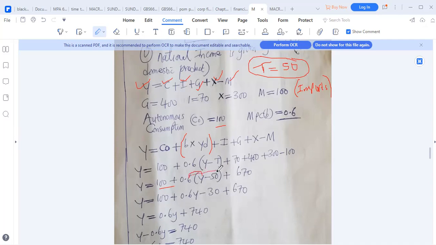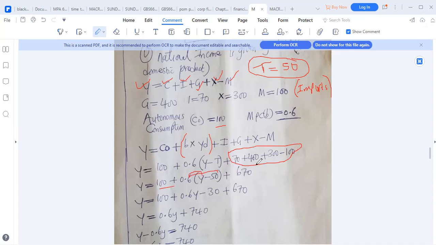The 0.6 by 50 is 30. And then adding and subtracting the other components, we get 670, because it's just 70 plus 400 plus 300 minus 100.